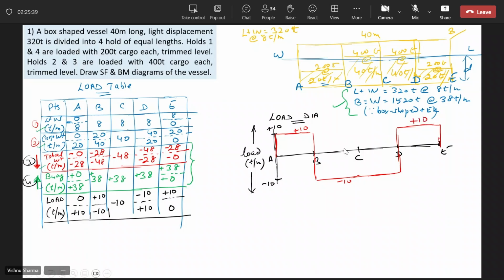Please see, do you agree with the load diagram based on the load table? These values have been translated into a diagram. Clear, beta? Zero to plus 10, then plus 10, then minus 10, minus 10, minus 10, plus 10, plus 10, 0.